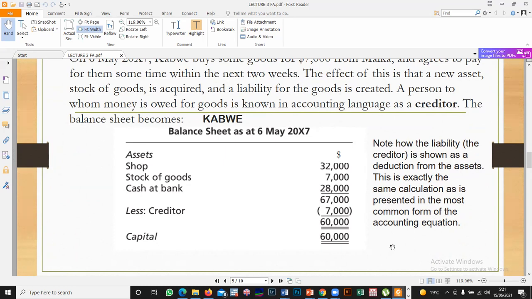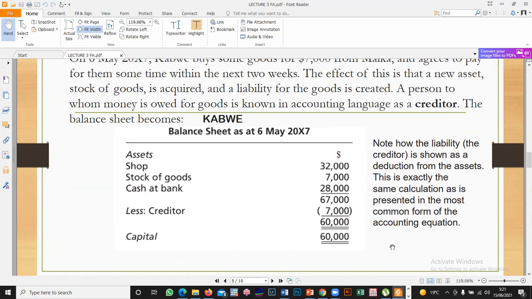So our assets remain in dollars. Then where the asset has been converted now, part of our asset, you remember where the 32,000 is coming from. Now that stock, the goods, has been added, which is the $7,000.